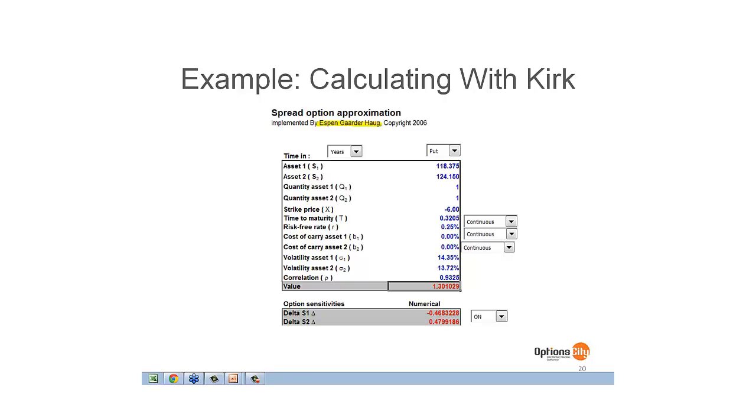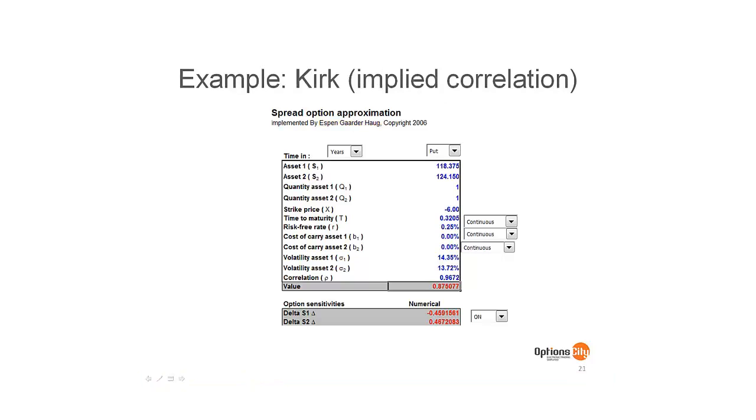You can think of it as an implied volatility parameter, that if you change that correlation number in just the slightest amount, you can actually get a fairly dramatic difference in the actual value.